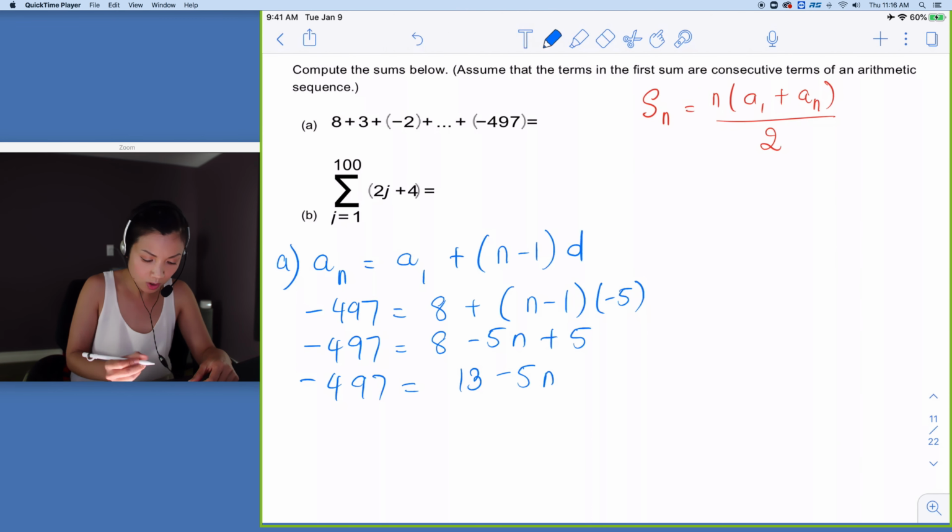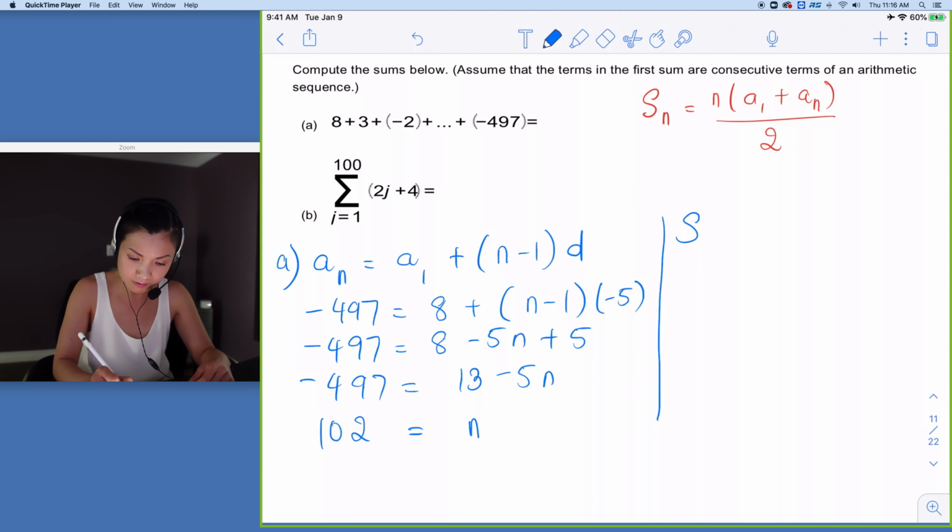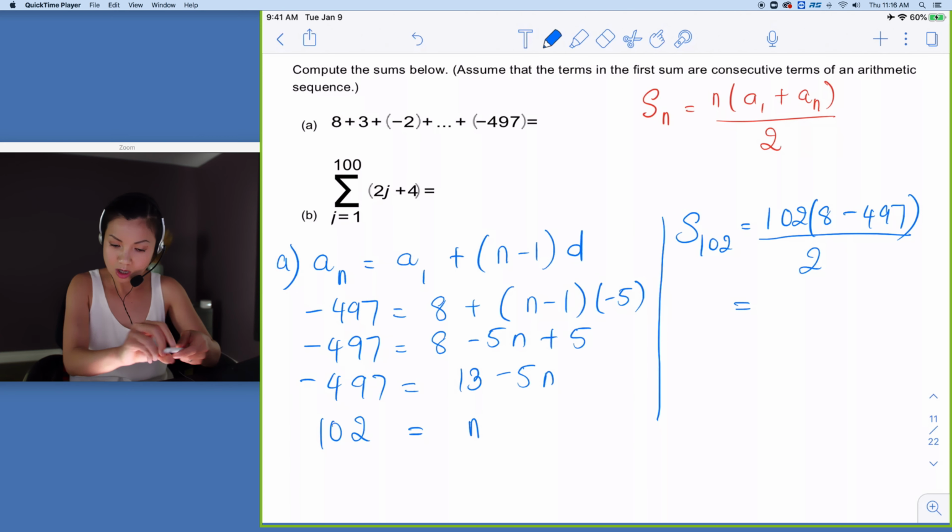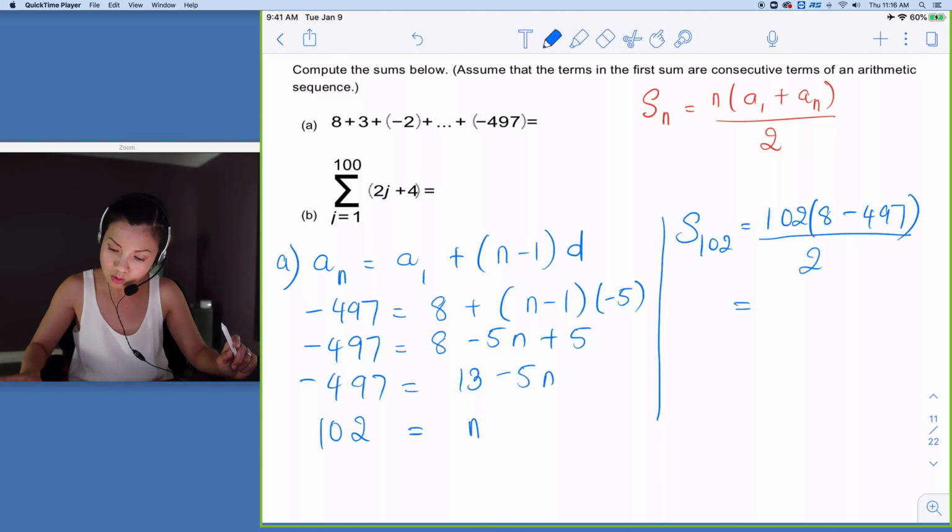So n is 102. Now we have everything, so I have S102 equals 102 times a1, which is 8, minus 497 because that's a102, over 2. And then I have to use a calculator one more time.